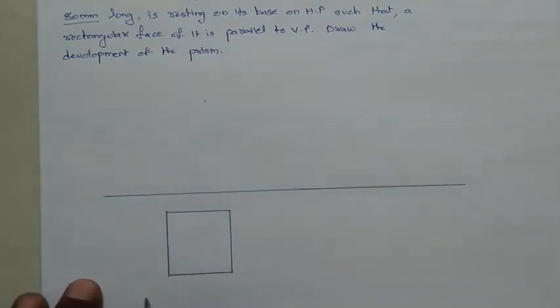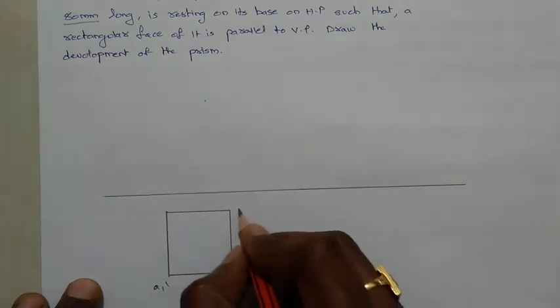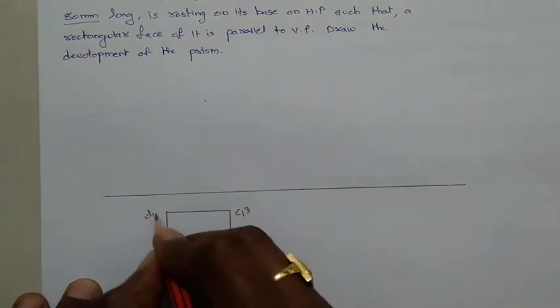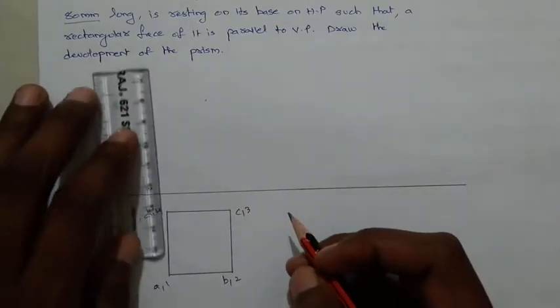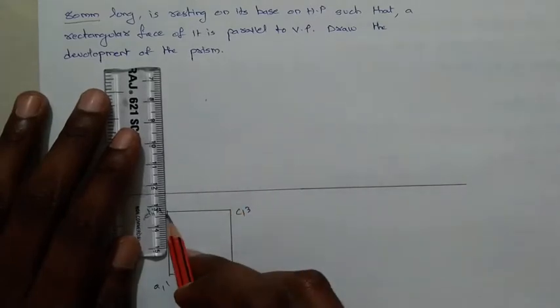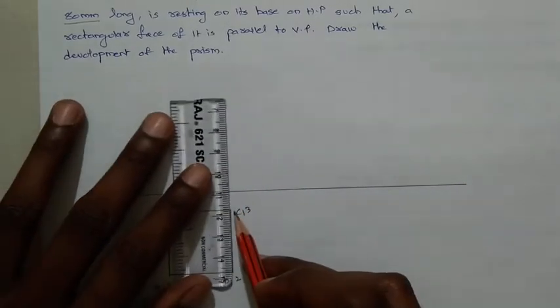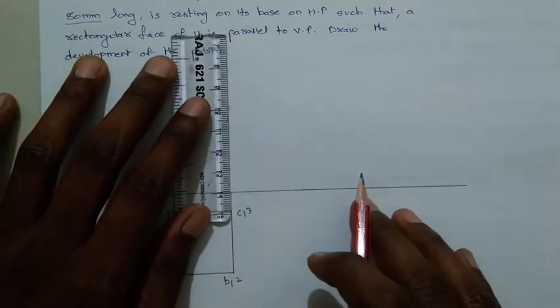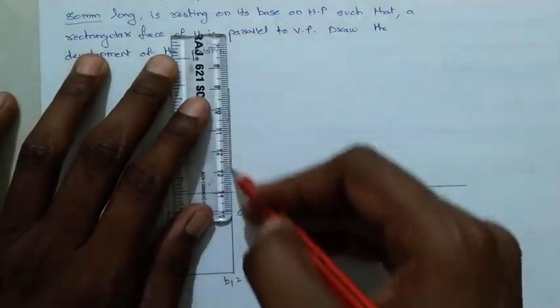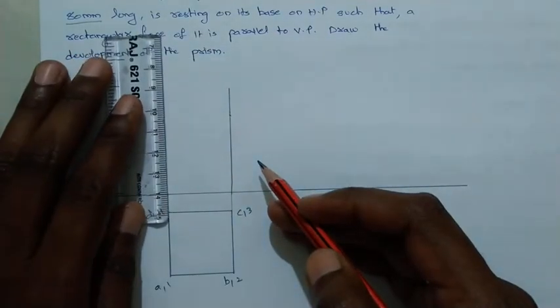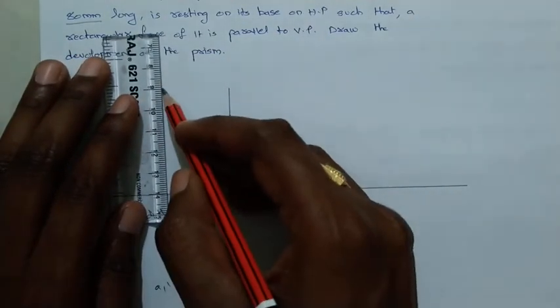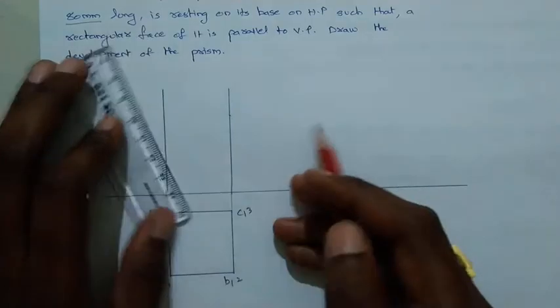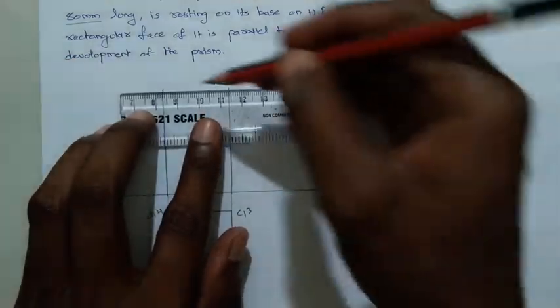I am giving numbers as A1, B2, C3, D4. I am taking projections up to here. He has given height as 80 mm, so I am taking roughly some value. In the drawing sheet you have to take exactly 80 mm as height.